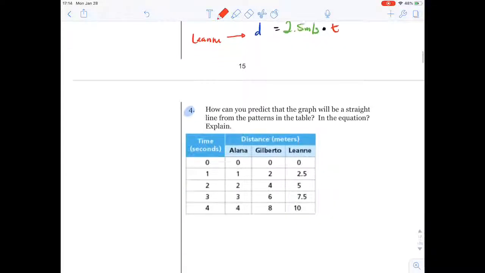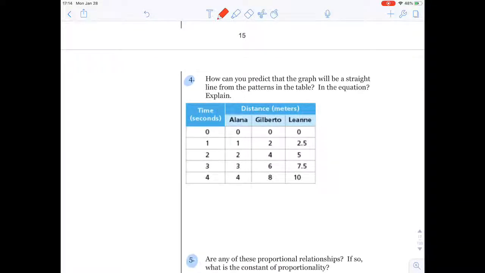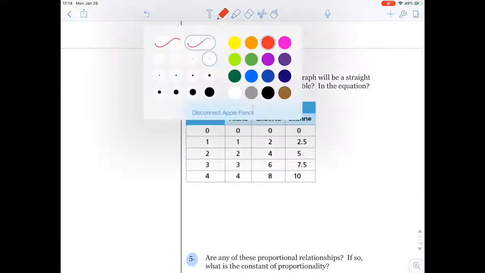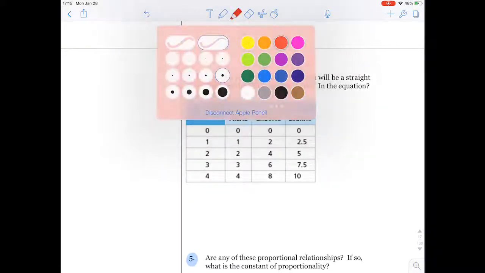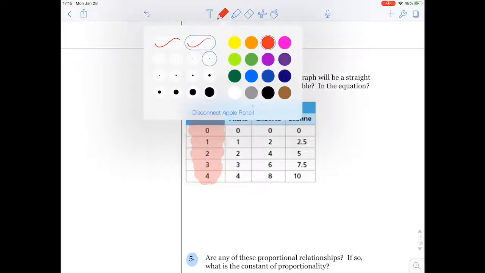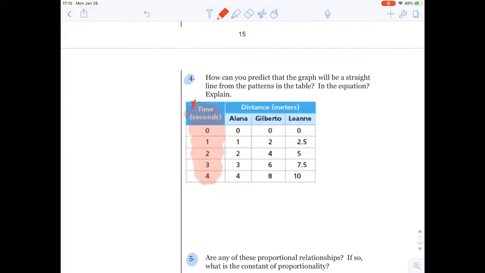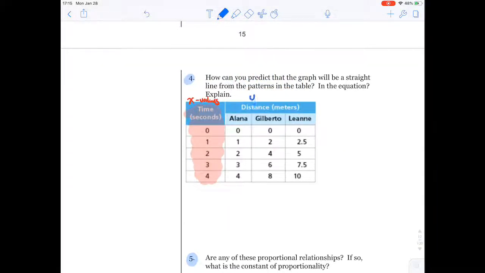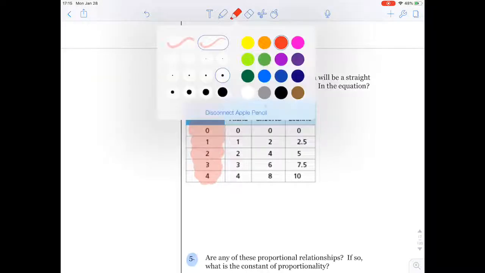All right. 4 says, how can you predict that the graph will be a straight line from the pattern in the table and in the equations, and explain. All right. So again, these values here represent our x values. Okay, X doesn't look like an X. These are our independent values, and these here are our y values, our dependent values.